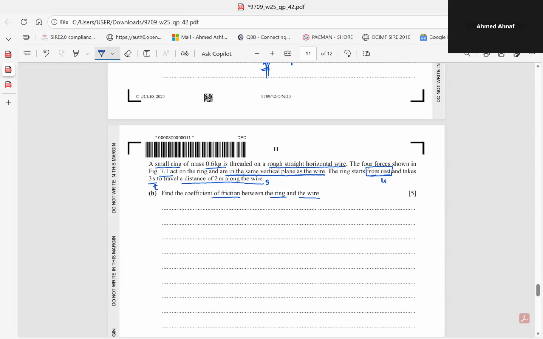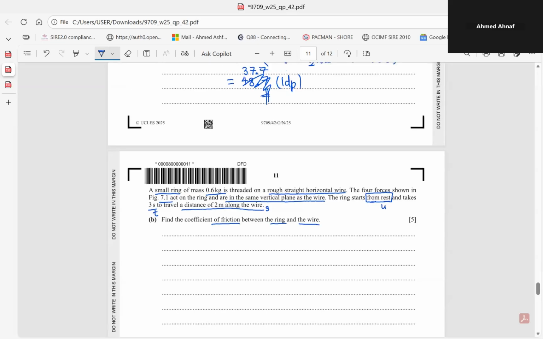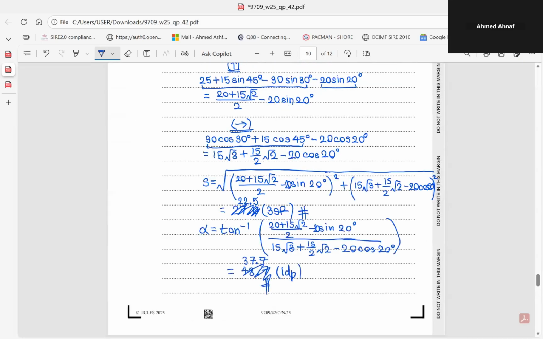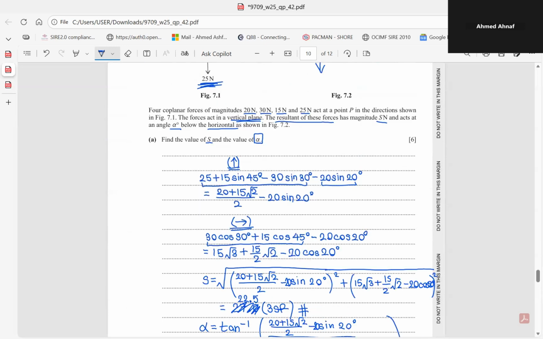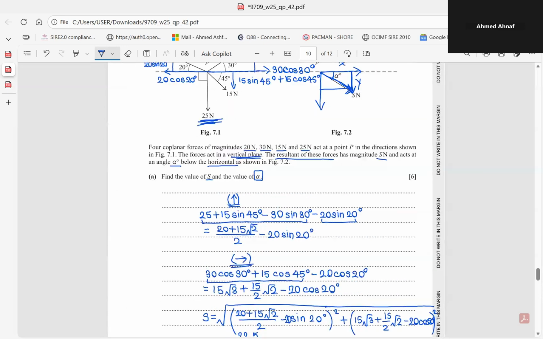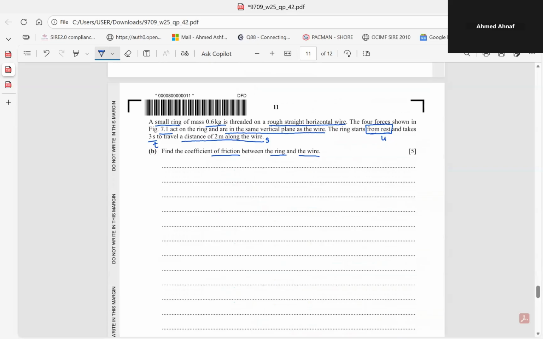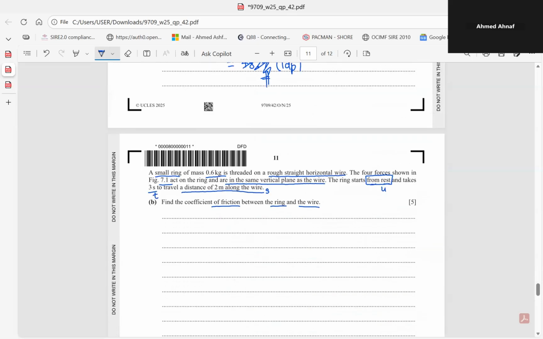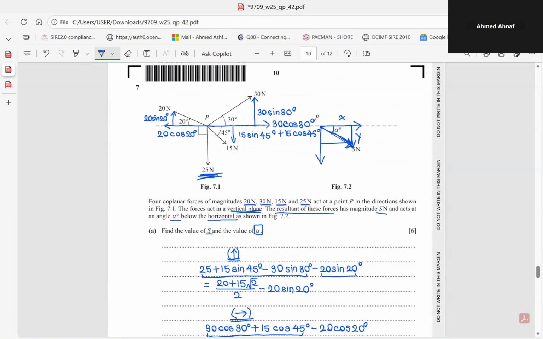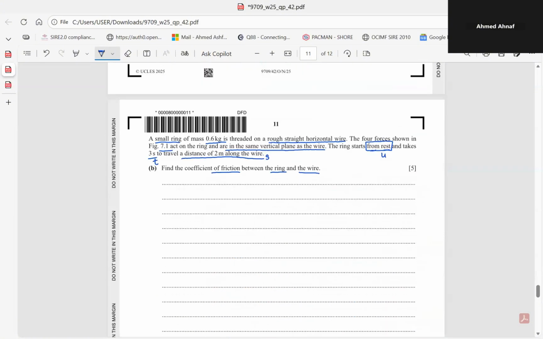The only one that's left is the final speed or the acceleration, which we can use to find the acceleration. So to find the acceleration, the straight horizontal wire.